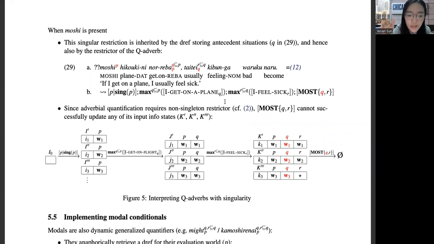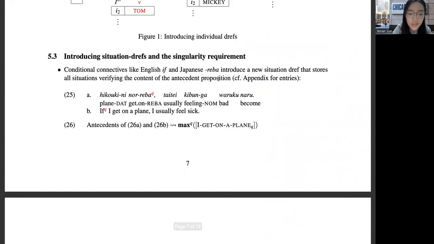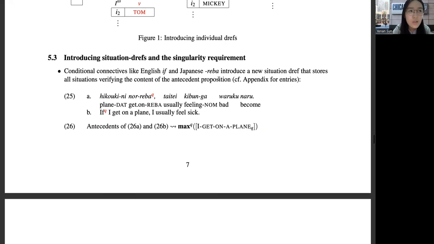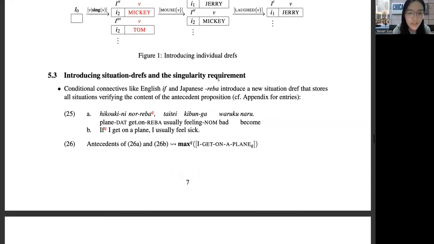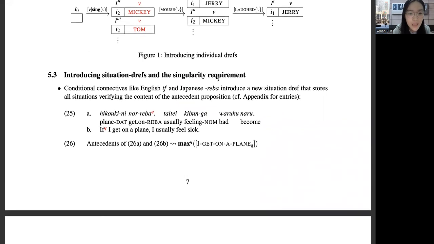Is there a difference if you change the indefinite into a plural, something like "moshi I get near plants, I usually feel sick"? Could you get the quantification reading? And if you can, is it compatible with your analysis that moshi provides and stores exactly one word in each information state?